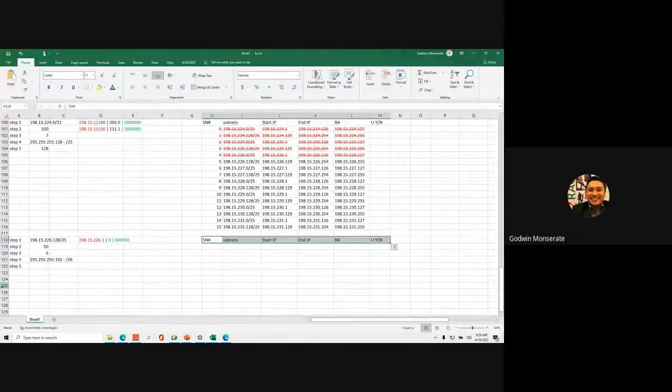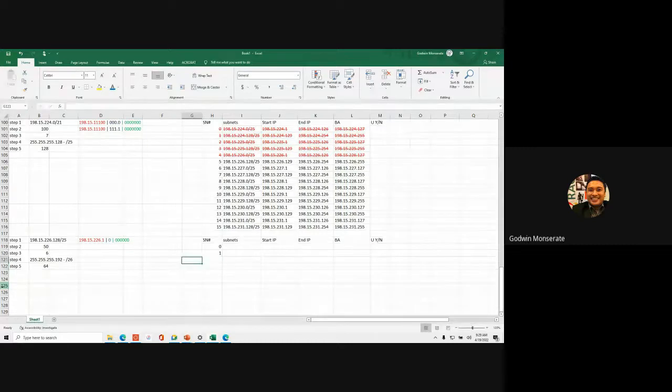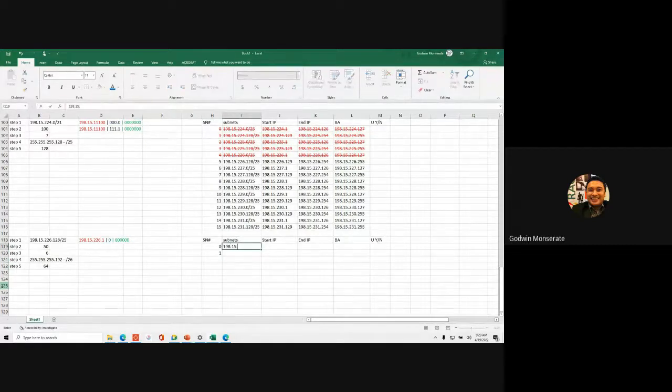Okay, let's plot the address 0 and 1. I hope you get the point. So plus 256 minus 192, we range by 64. So ours now is 198.15.226.128 /26. Okay, the next one would be plus 128 plus 64, 192. So meaning this is 192.